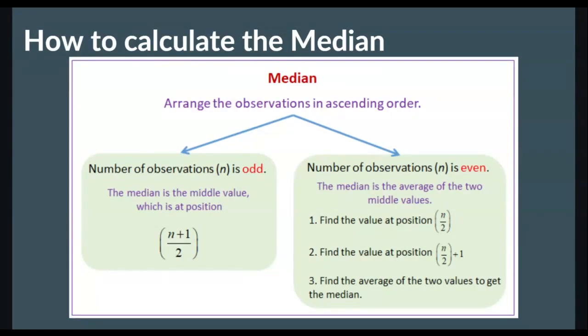But in the real world doing stats, if you've got like 437 or 438 numbers, you're not sitting there counting to the middle figure. A, you'll make a mistake because human eyes can't be trusted. And also, that's tedious. So the way you would do it is you go n plus 1 divided by 2, and that gives you the position.